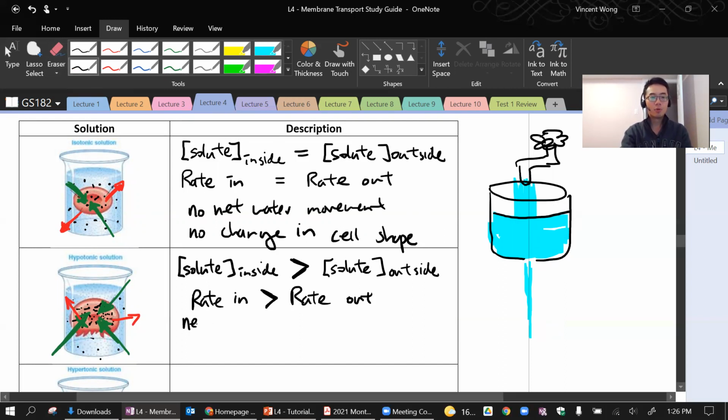So net water movement is into the cell. And then the cell will swell, and if it's really severe, it might burst.